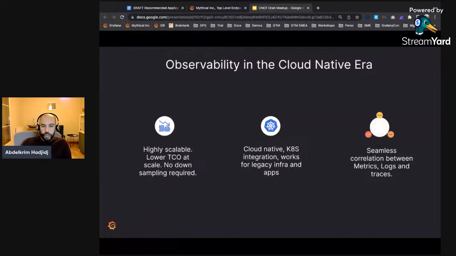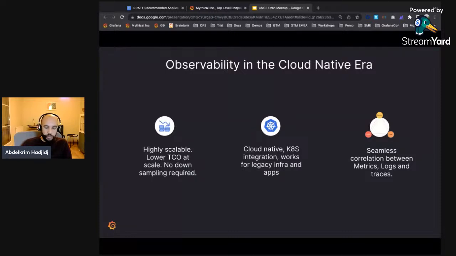So leveraging the cloud native approach by building a microservice based monitoring tool will help us scale, and also leveraging things like object storage like S3 will help reduce the cost compared to storing data on SSD disk or even local disk.